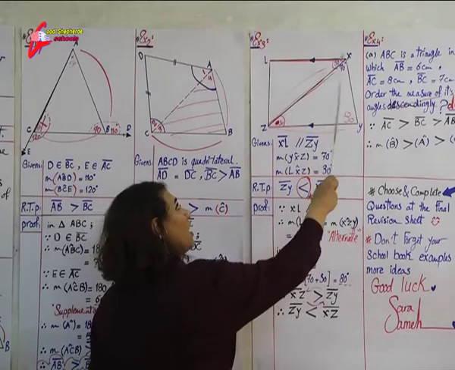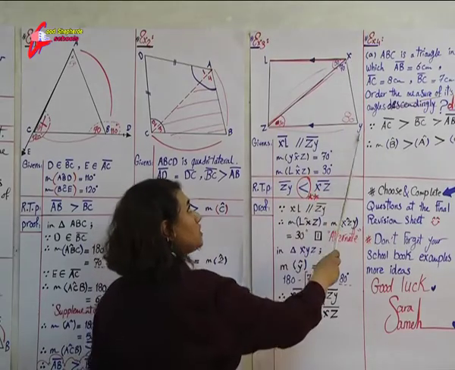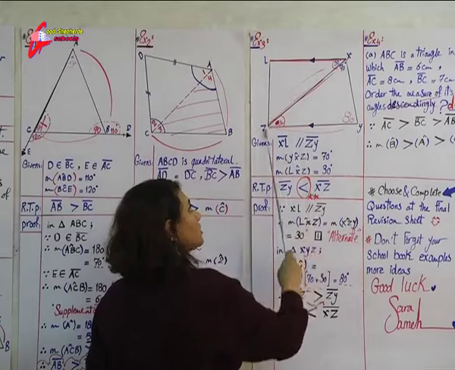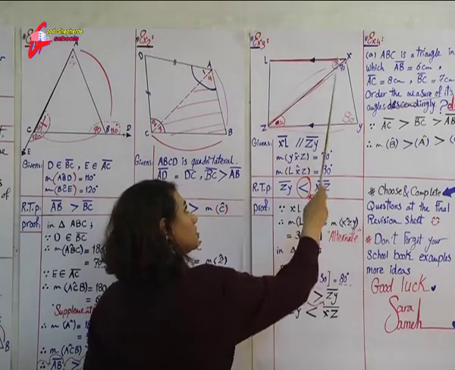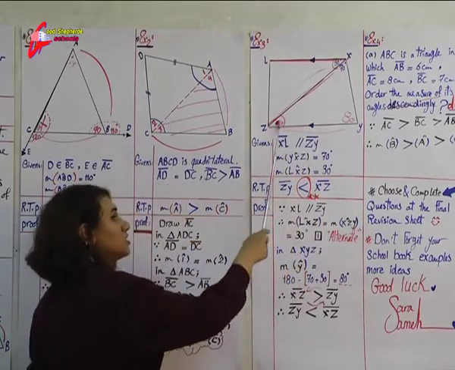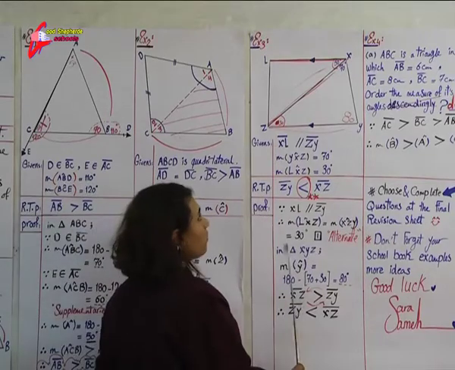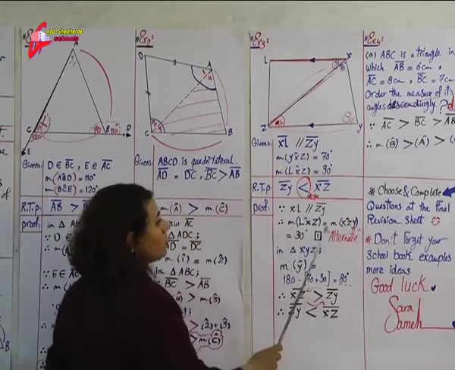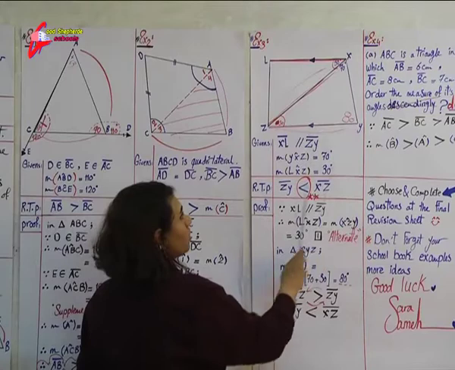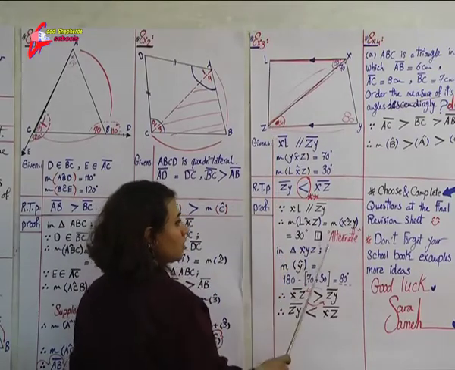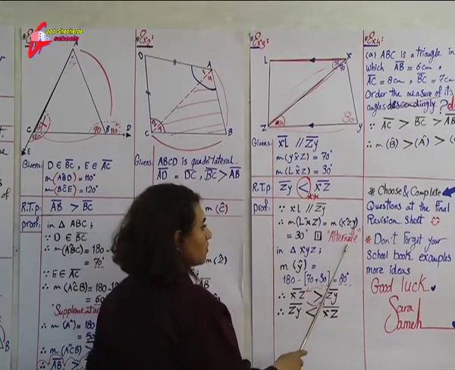Now, if you have LX parallel to ZY, you can have the letter Z of alternate angles. This angle equals this angle, so you can find that the measure of angle LXZ equals XZY, both of them 30 degrees, and they're alternate.